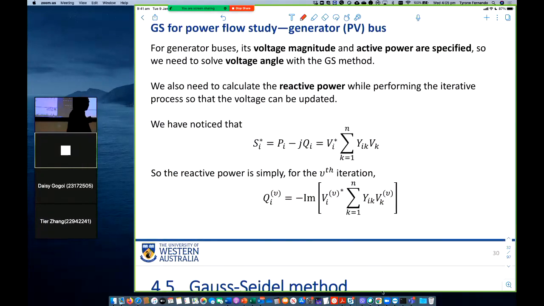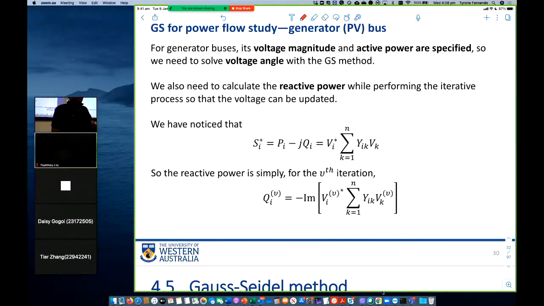But if we look at this equation, this is the power balance equation. The real part is the power injected into that bus. The imaginary part is the reactive power injected into the bus. If I look at the imaginary part, we can calculate that. Of course, our calculation is based on our guess of voltages, because we have an initial guess. So we can calculate the reactive power injected into bus i based on our initial guess of the voltages or the previous guess of the voltages.